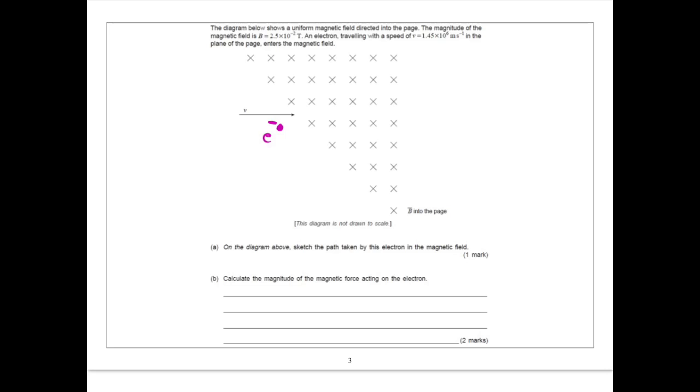So, fingers in the direction, thumb in the direction, but this is a negative charge, so if you like, it won't be out of the palm, it'll be out of the back of the hand. So basically it will curl around in circular motion like such.